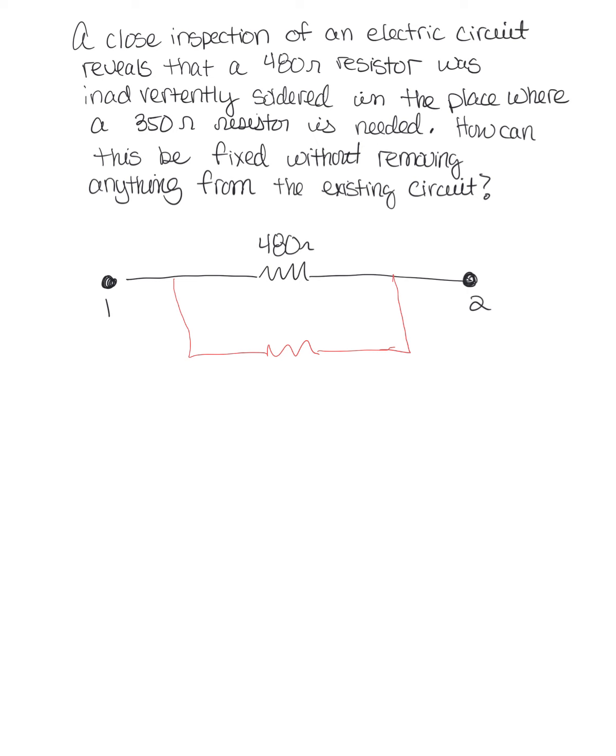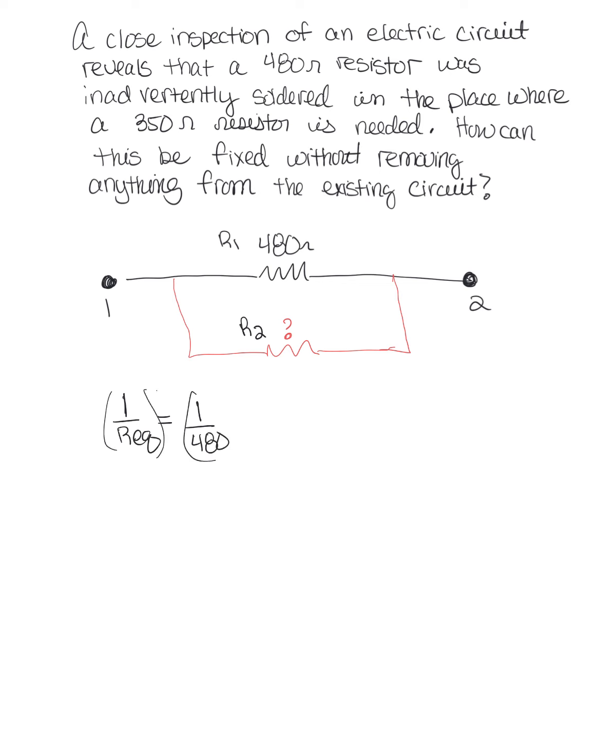But how do we figure out what this is supposed to be? So what we're going to do is use the way that we add equivalent resistances, and we'll call this R1 and we'll call this R2. So we know that right now in this circuit we have 1 over 480 ohms.